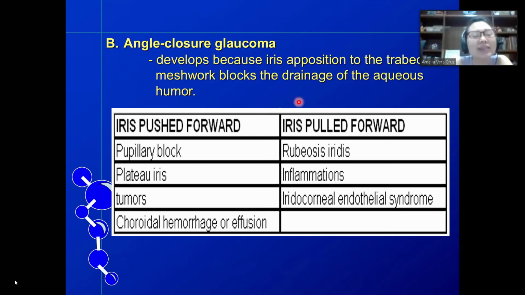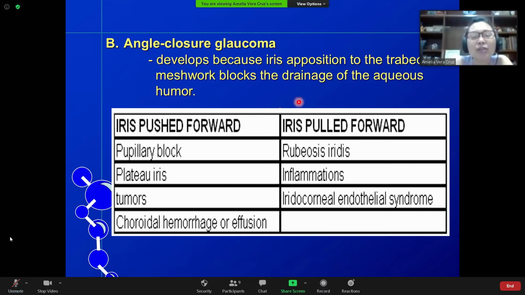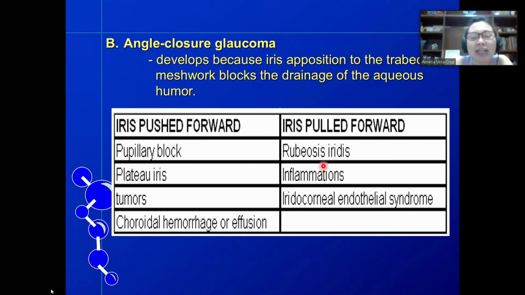Wala pa rin? Okay. So, this one is just like my explanation kanina. Basta inflame ang iris, it will stick to any part of the eye that is nearest to it. Okay? Now, your ICE syndrome, okay?